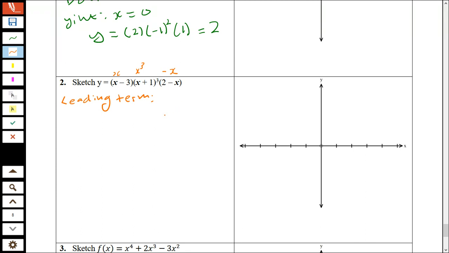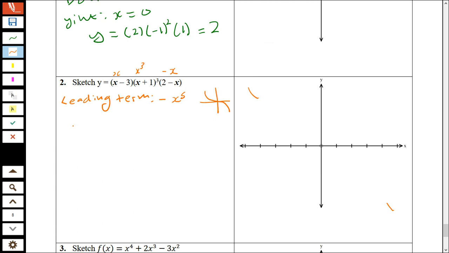So you multiply those together, you're going to get minus x to the 5. All right, so odd degree, negative leading coefficient. So again, I just go back to my simple odd degree with negative leading coefficient, and it's this one, y equals negative x cubed, so it goes like that. So I know that I'm going to start here and finish here. All right, that's the leading term.